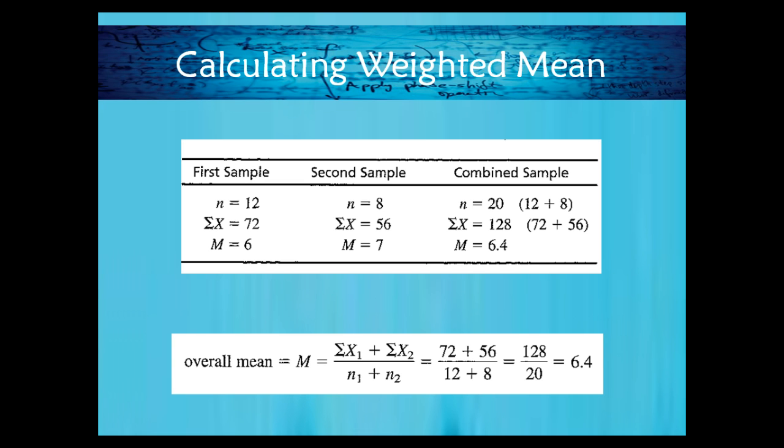The second sample has a mean equals 7. The combined would be 6.4. You calculate that by taking summation of x sub 1, which is 72, plus summation of x sub 2, which is 56, over 12 plus 8, which is n sub 1 plus n sub 2, which equals 128 over 20, which gives you the value of 6.4.